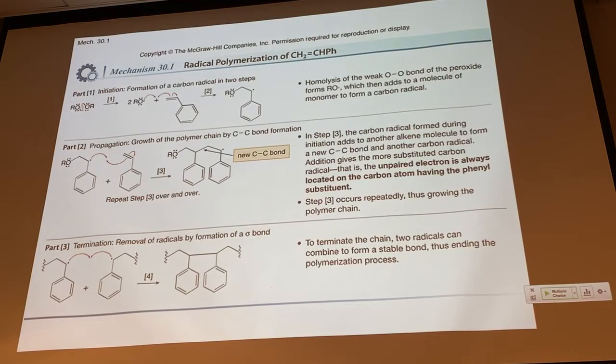A radical initiator has a weak sigma bond that can be cleaved upon addition of heat or light to generate radicals. And once we generate those radicals from the initiator, then that radical is going to add to the alkene, generating a new radical. Now, the radical could add to either of the 2 carbons of the alkene. Why does it add to the carbon, the terminal carbon?